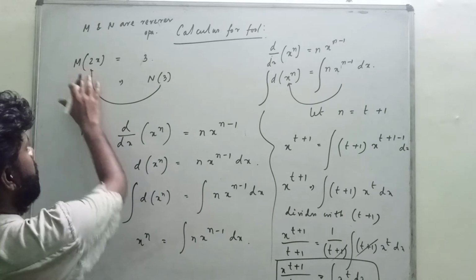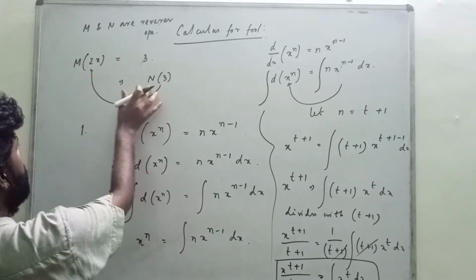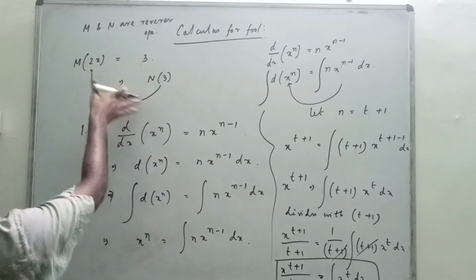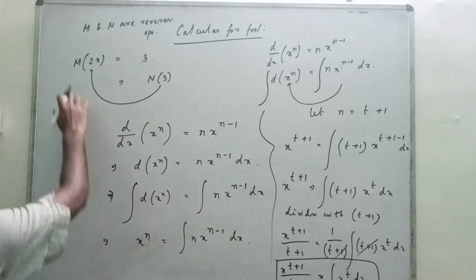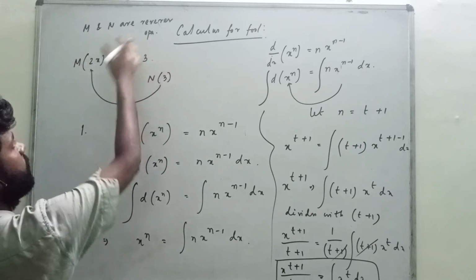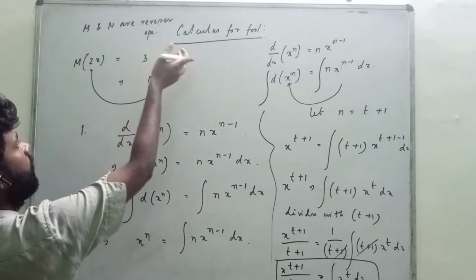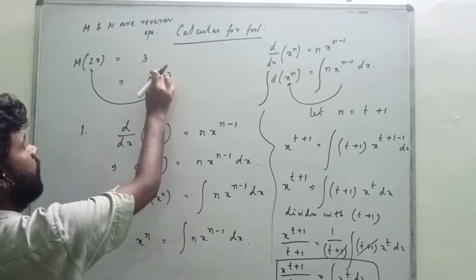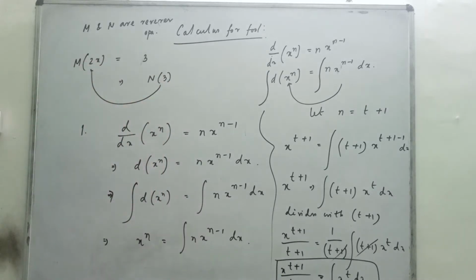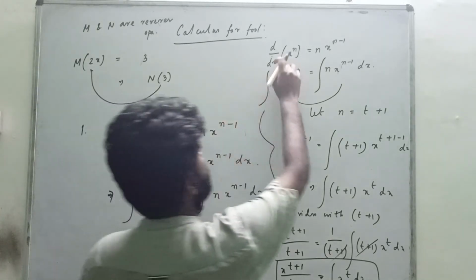M is one operator and n is another, and if these two are reverse operators, then if m takes 2x and gives 3, n operating on 3 gives 2x. Just a reverse operator.